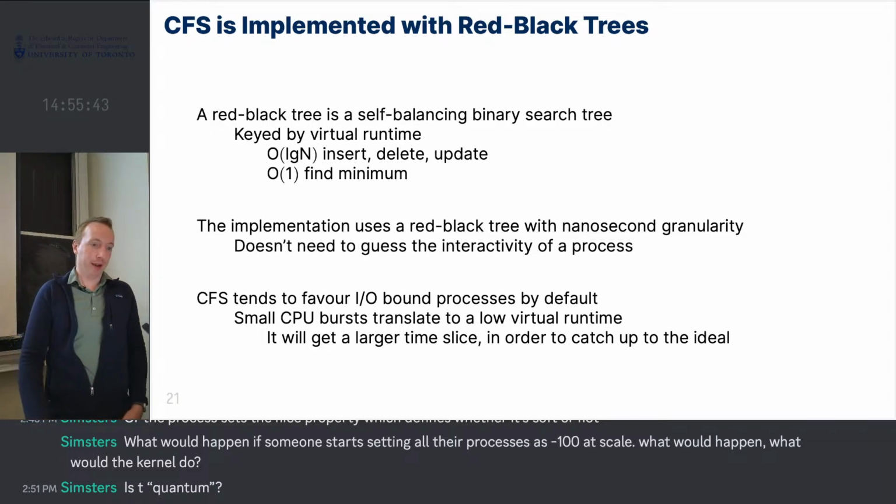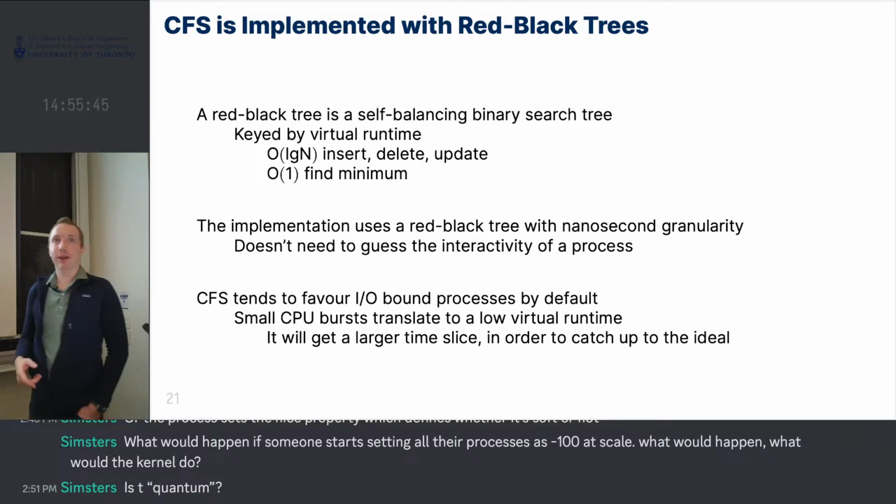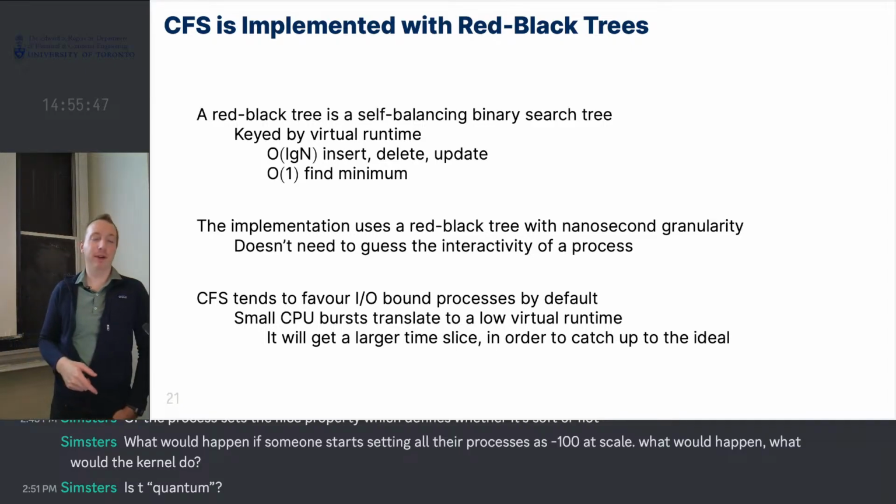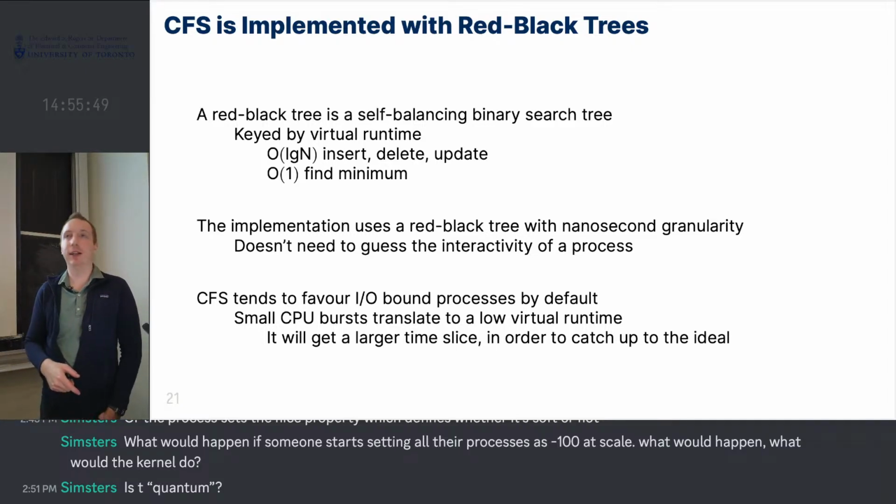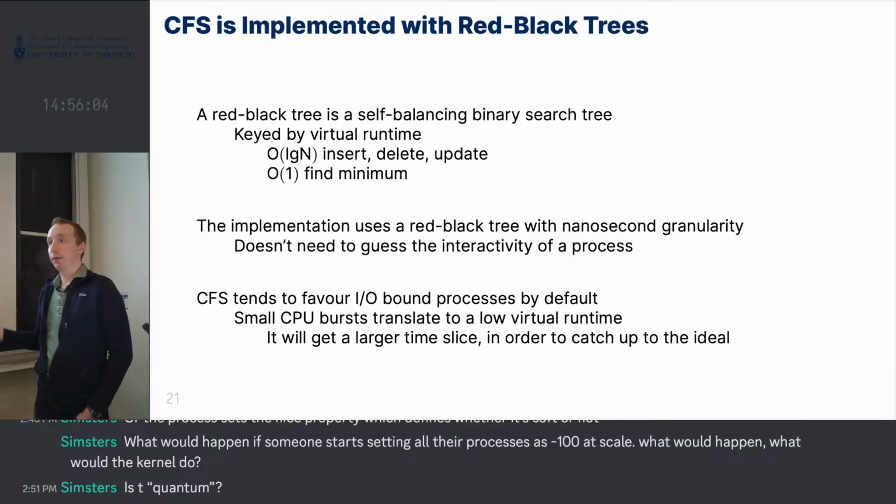The nice thing behind this too is this completely fair scheduler will favor IO-bound processes by default. What does an IO-bound process mean? That means that process is constantly doing read system calls, waiting for some data from a file or something like that. So it's constantly getting blocked, putting itself to sleep.